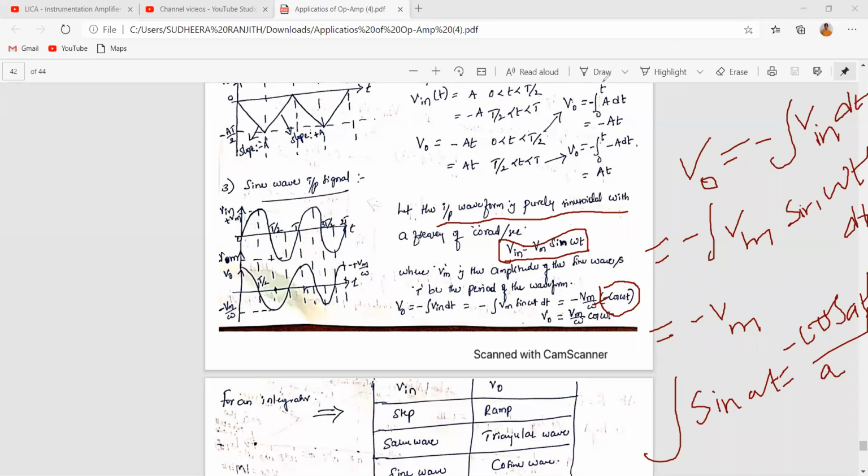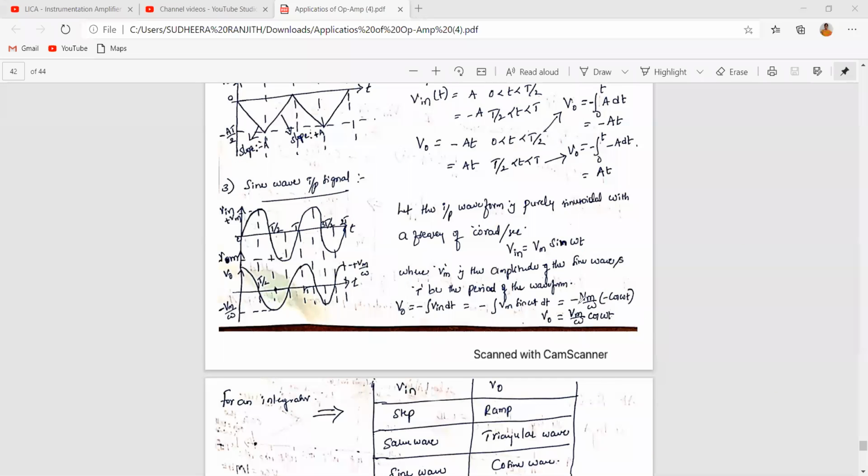Is it clear? So this minus becomes plus, and Vm by omega into cos omega t is your output. So input is sine. What is the output you are getting? Output of integrator.